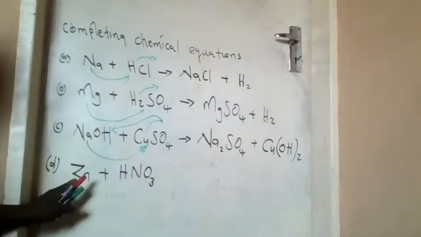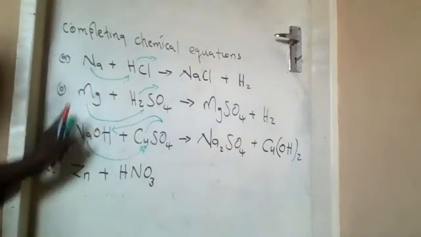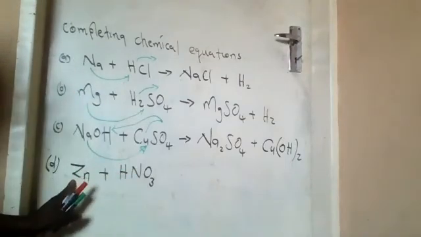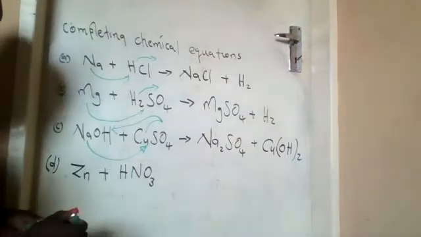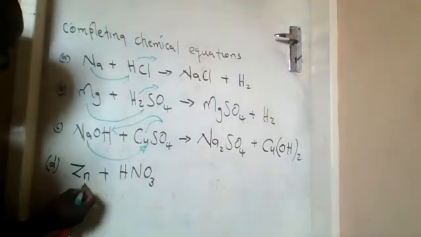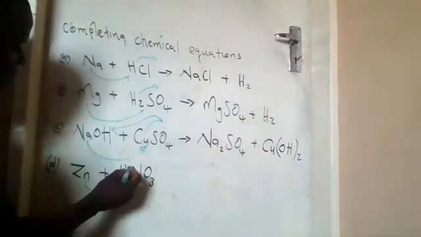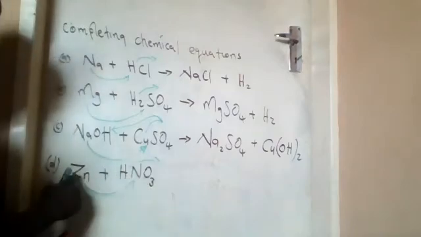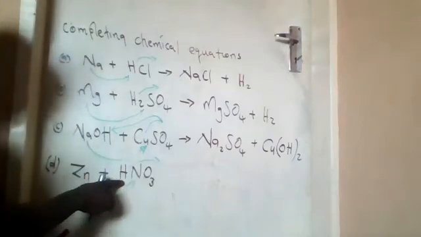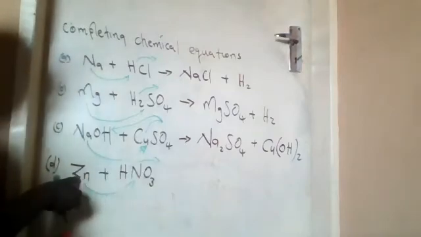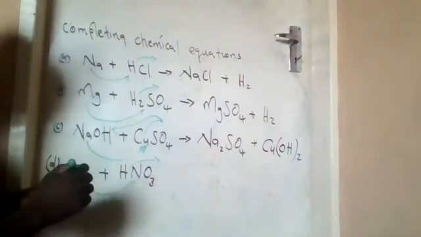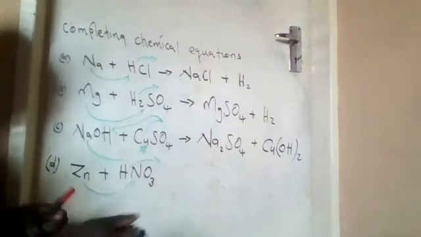But remember, we said zinc, magnesium, they both have the valence of 2. So when zinc removes the hydrogen and sends it into exile, zinc is going to occupy the place where hydrogen was. But remember, this zinc has the valence of 2, so that 2 will be written as a subscript on the nitrate.